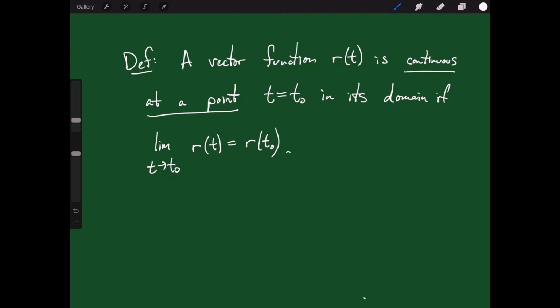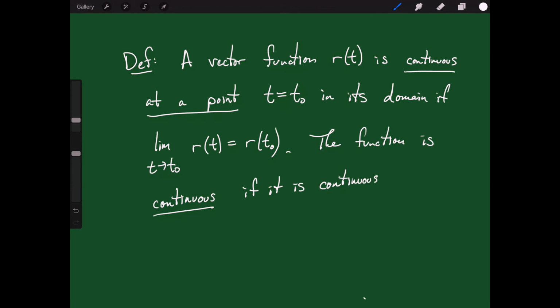Let me finish this up. The function is continuous if it is continuous at every point in its domain.